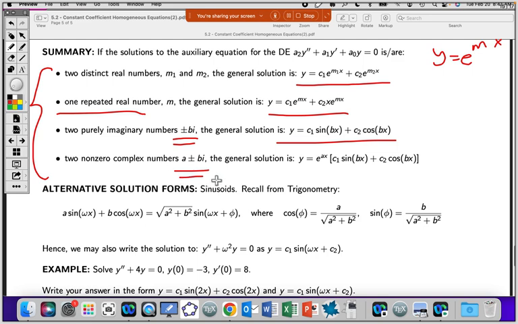If you've got things that are non-real but not pure imaginaries, then you get your exponential times your oscillation. Okay. So I don't know if people make note cards anymore. That would be a note card for me if I were in the class. But once again, the best way to remember this is just to do all the practice. Okay.